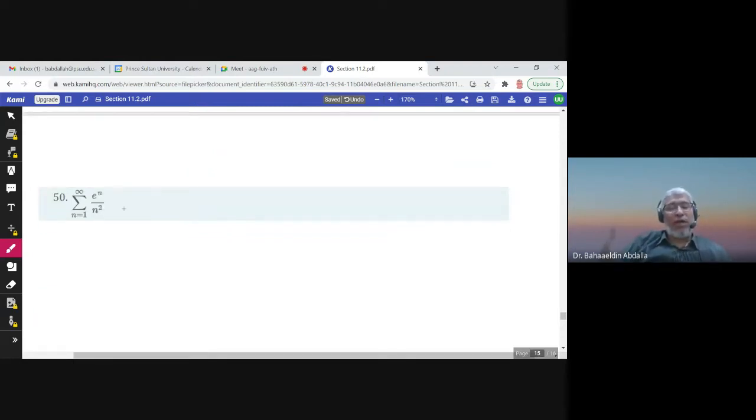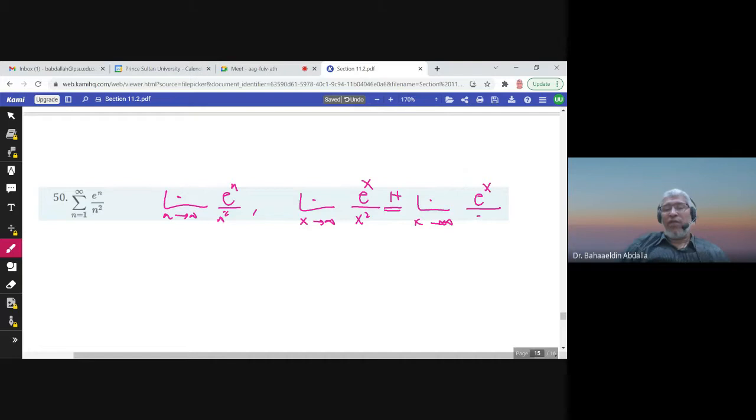Well, here, if I find the limit, I have e to the power n. This could be geometric, but n squared is not. So let us find the limit of e to the power n over n squared when n goes to infinity. Well, it is infinity over infinity. So let me use L'Hopital, and let me deal with the function e to the power x over x squared. E to the power infinity is infinity, infinity squared is infinity, so I'm going to use L'Hopital's rule. The derivative of e^x is e^x, the derivative of x squared is 2x.